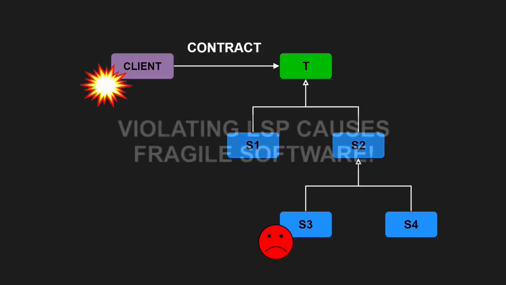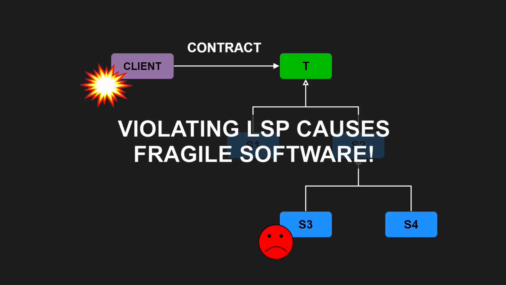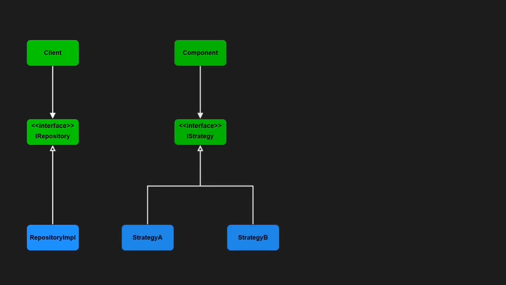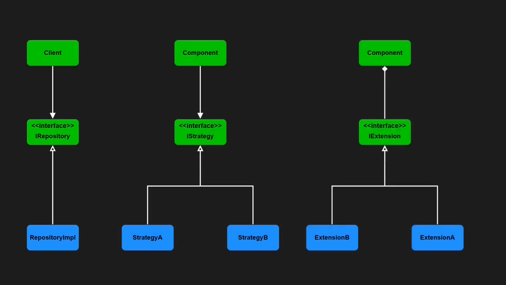That means violating the Liskov substitution principle clearly is a recipe for building fragile software. Now, why is this all relevant for your software designs even if you don't use any inheritance at all? You might not use inheritance, but then you definitely use other concepts like interfaces and functions to define abstractions, as every non-trivial software requires such abstractions in order to abstract from implementation details, or to support variability, or to provide extensibility.